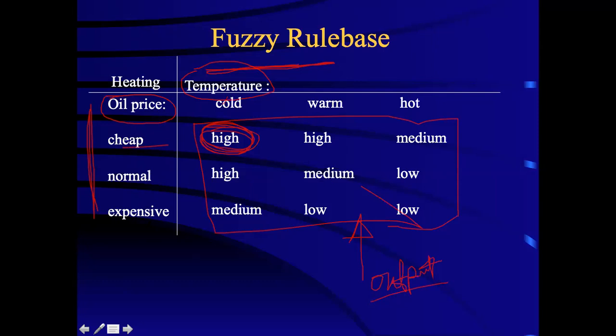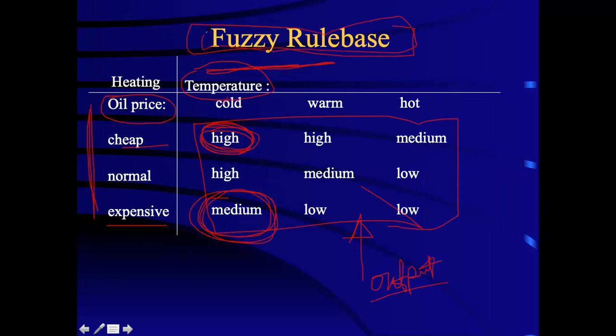Another rule is that if the oil prices are expensive and temperature is cold, then the heating is medium, right? So these are the different rules that can be represented in terms of a fuzzy relation or a fuzzy rule base.